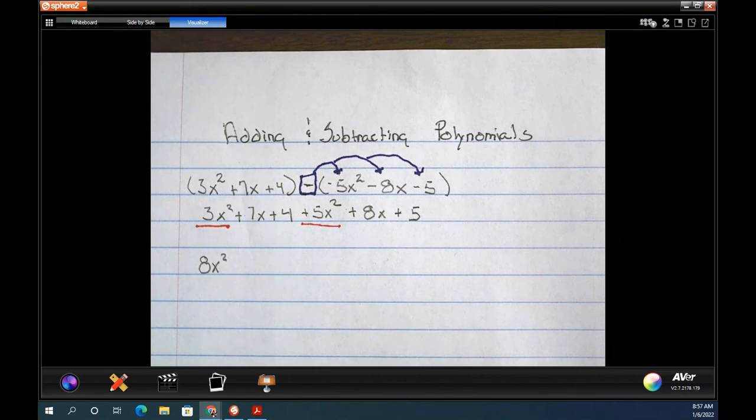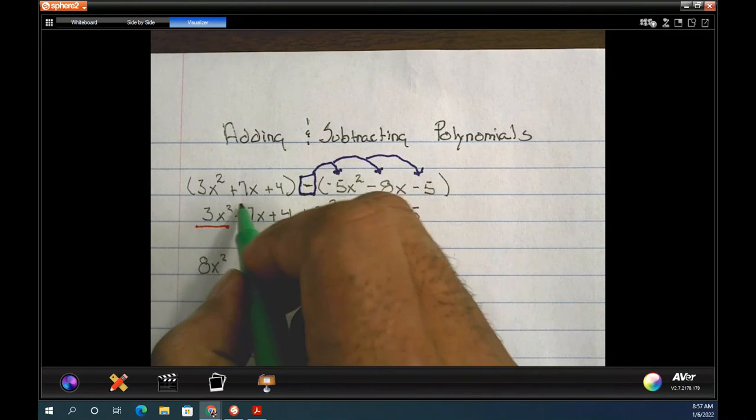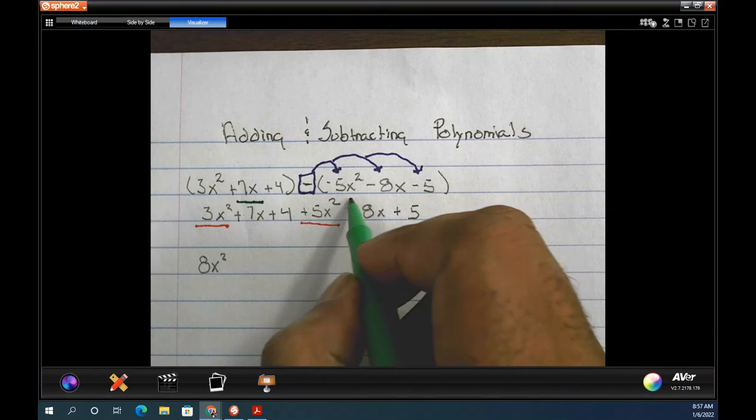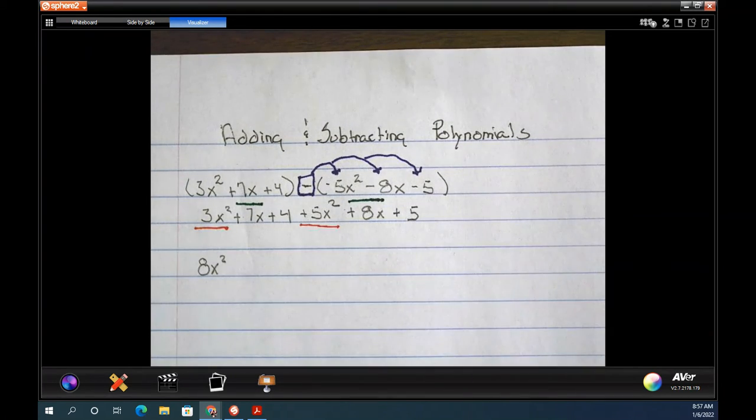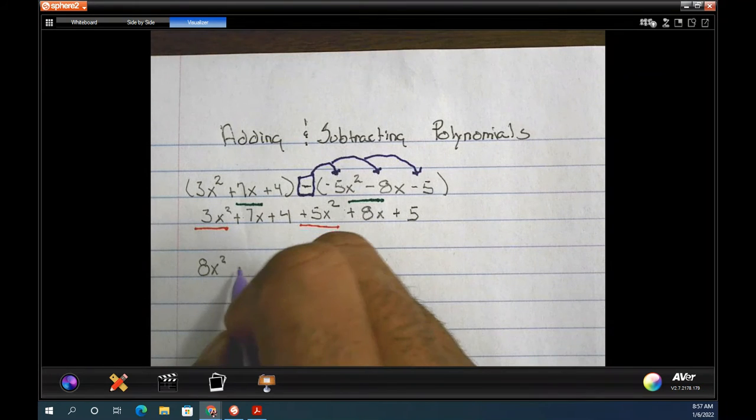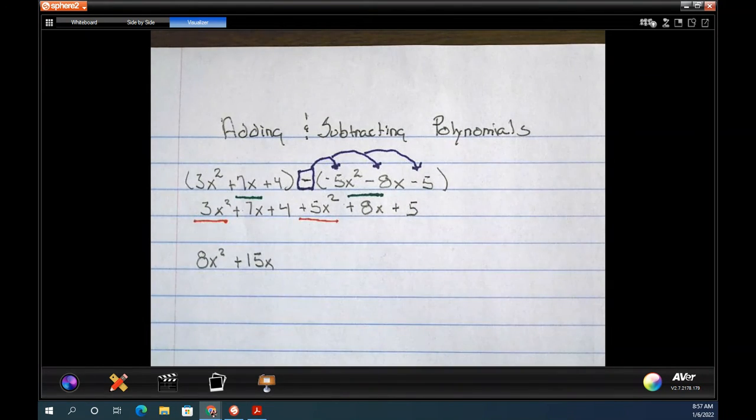Now, your next highest power is to the first power. So that would be 7x plus 8x. So what's 7x plus 8x? What's 7 plus 8? 15. So it becomes plus 15x. Now, your last thing that you have to do is your constants.